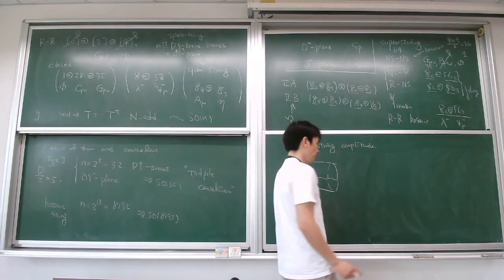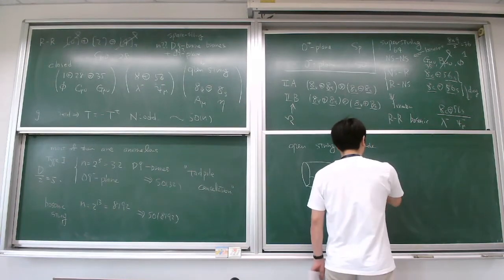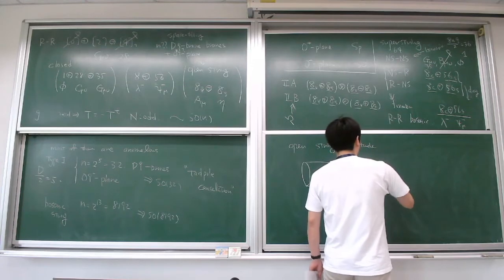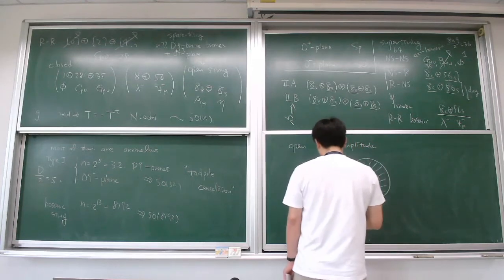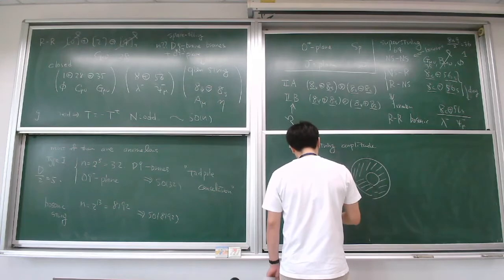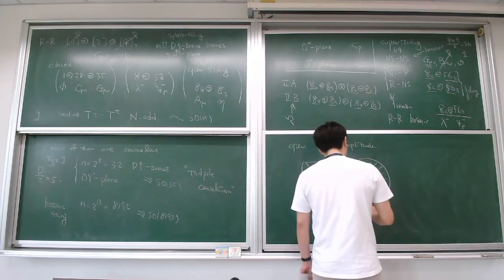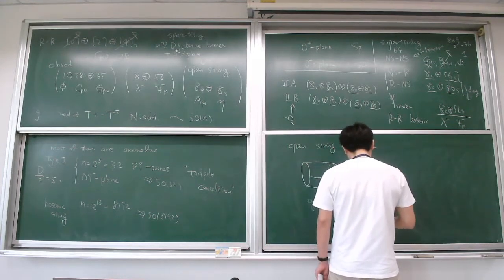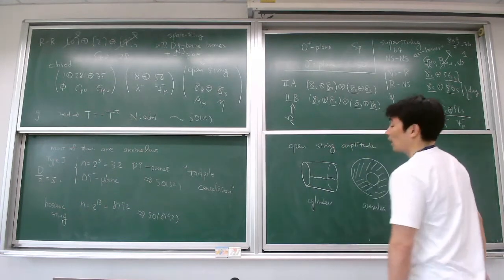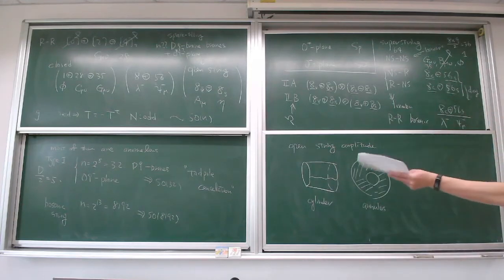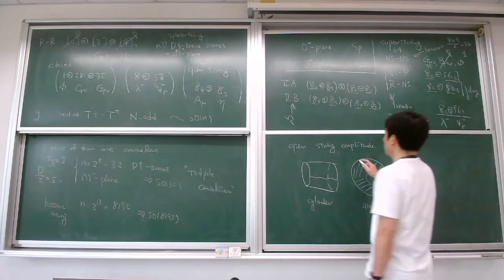Namely, if you project to the plane, it becomes a cylinder or annulus, whichever you call it. Since it's in the presence of branes, you can have an open string, and this is indeed the one loop amplitude.